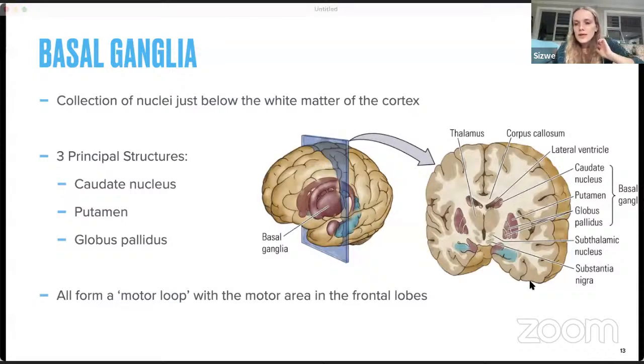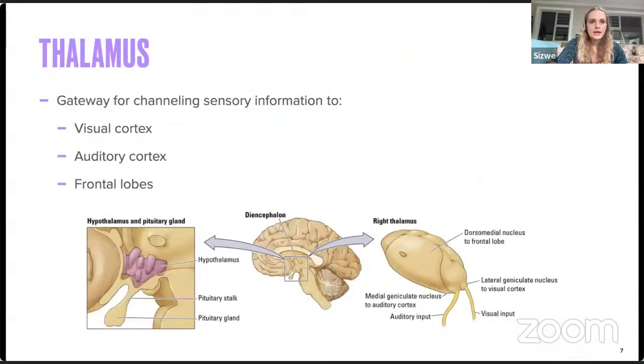Can I explain the thalamus again? Sure thing. So the thalamus is in the middle-ish there. It's part of the diencephalon, so it works with the hypothalamus and pituitary gland. It kind of acts as a gateway.